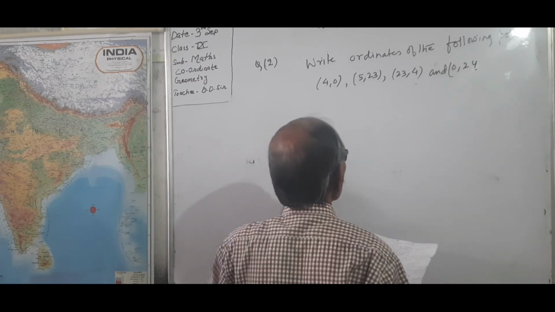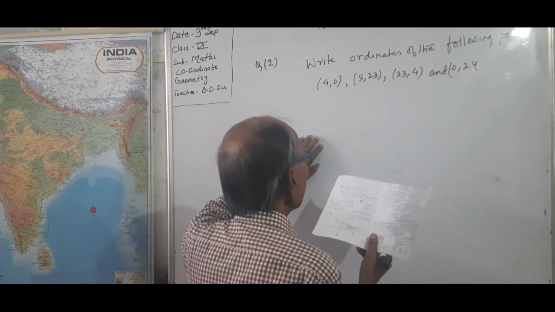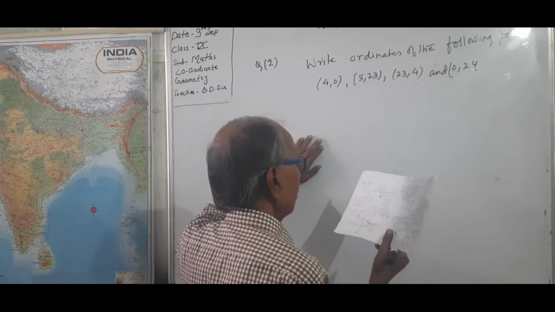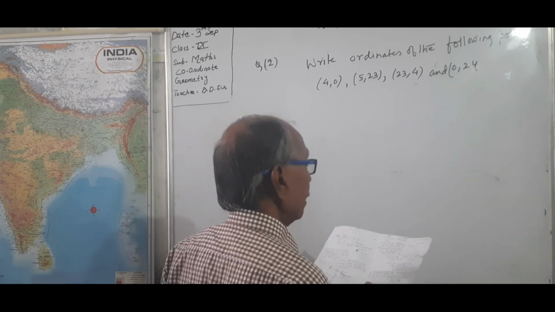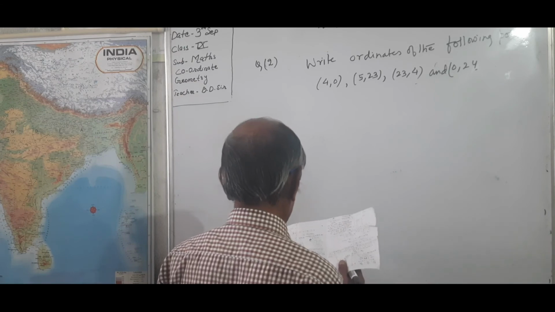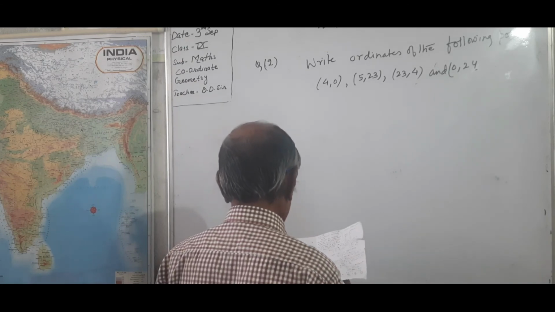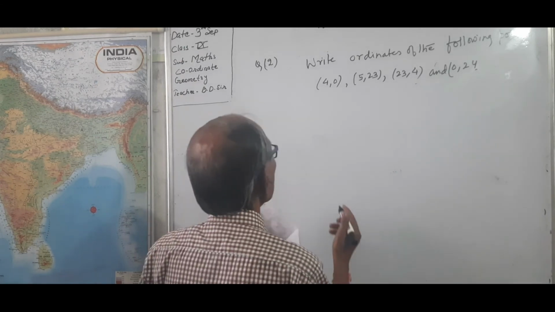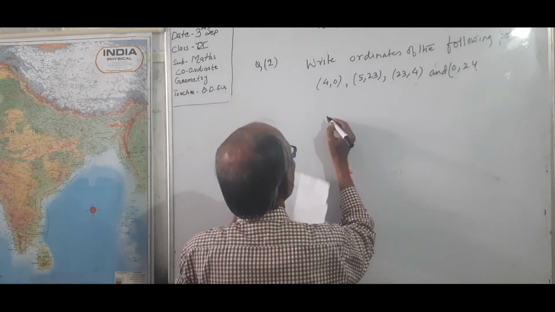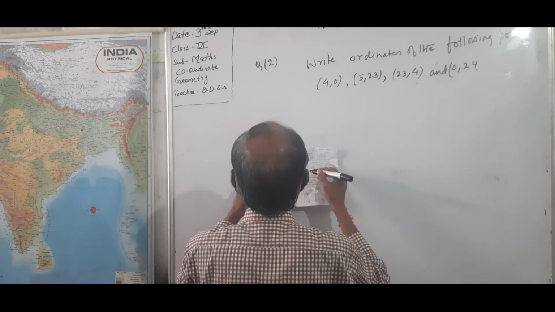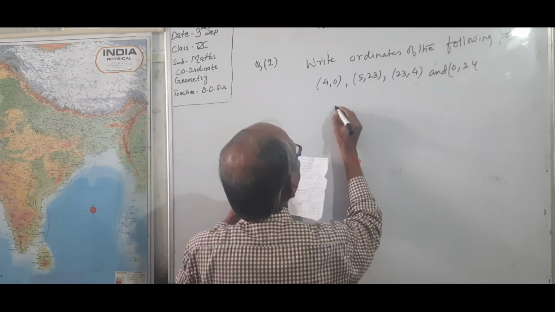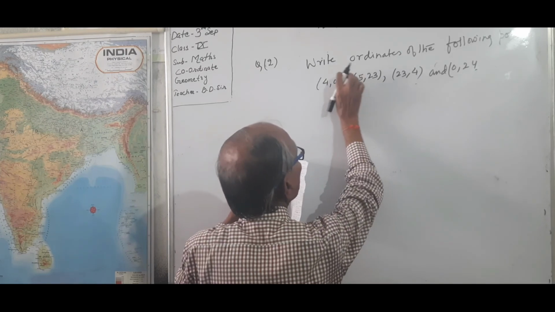So write the ordinate. Ordinate means the value on the y-axis. So the second value is the value on the y-axis.